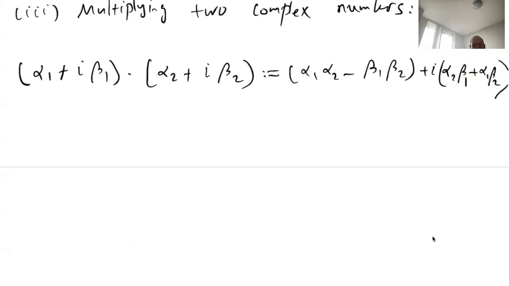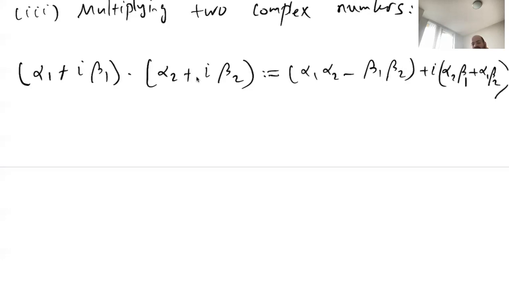So where is this definition coming from? This definition basically comes from the fact that we want to define this multiplication in a way that I squared is minus 1. Because we want a generalization of real numbers in which the equation x squared equals minus 1 has a solution, because x squared equals minus 1 has no solution in real numbers.